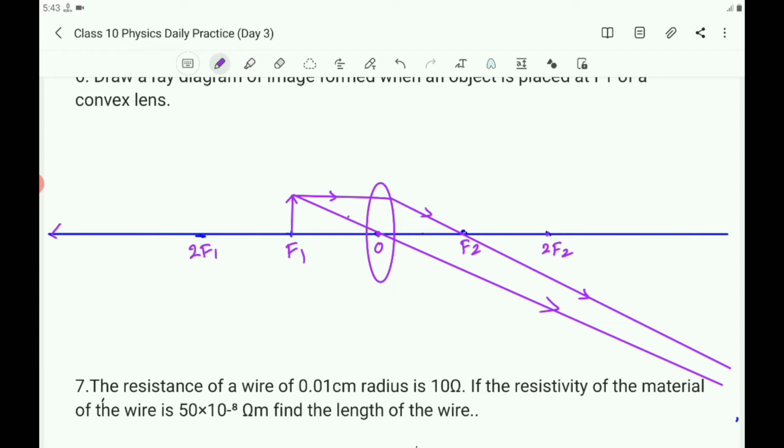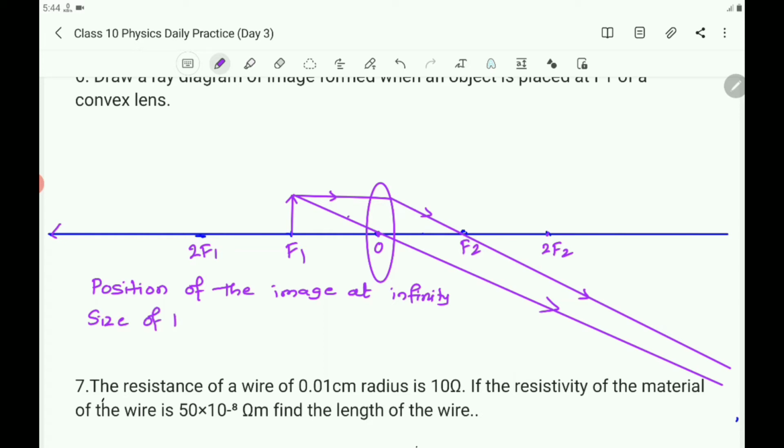So what is the position of the image? The image is at infinity. So you write the position of the image at infinity. And the size of the image, it is an enlarged image, highly enlarged image.